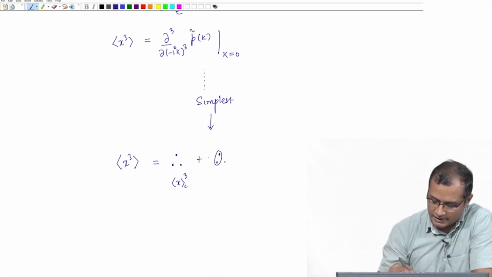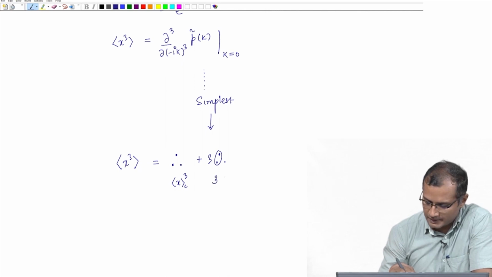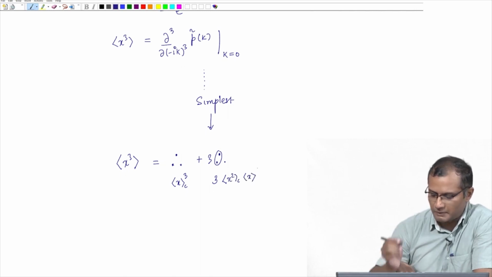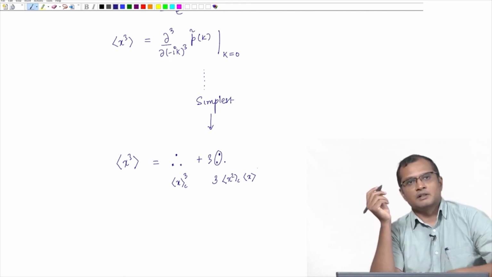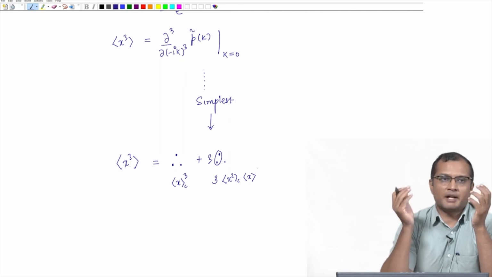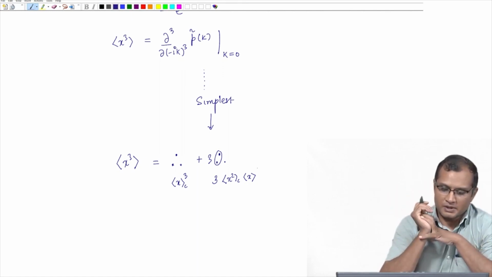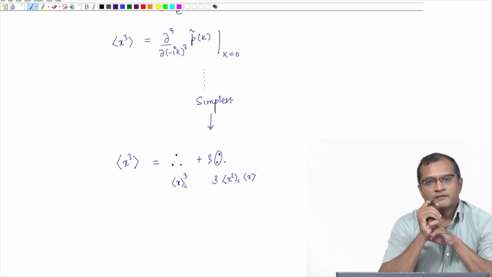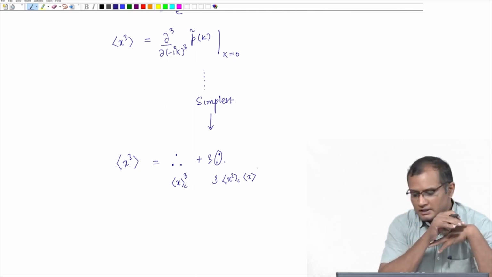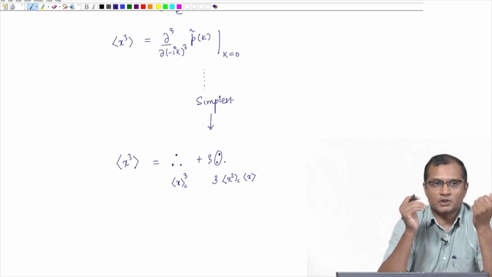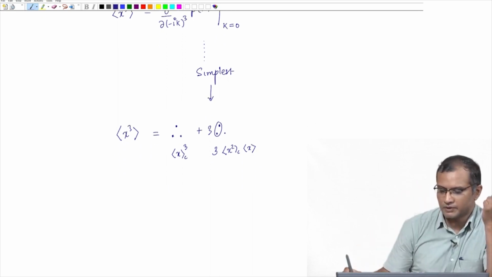This is 3 times the second cumulant into the first moment, and that is it. I will not connect the 3 dots simply because I know from prior experience that the Gaussian distribution does not have cumulants above the second order, all higher cumulants are 0. So, the third configuration of 3 connections will not be written here because the third cumulant is 0. These are the only 2 combinations.